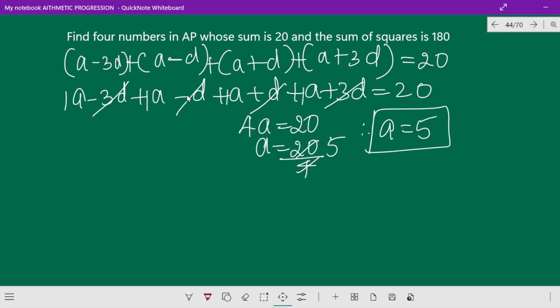Now the numbers whose sum is 20 and sum of their squares is 180.